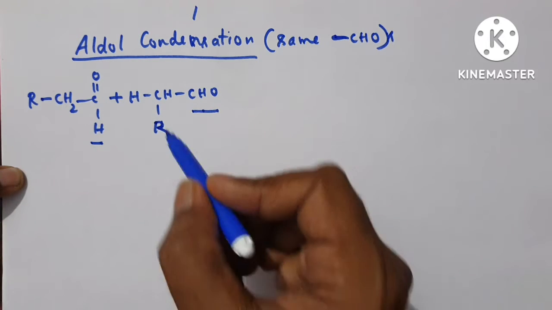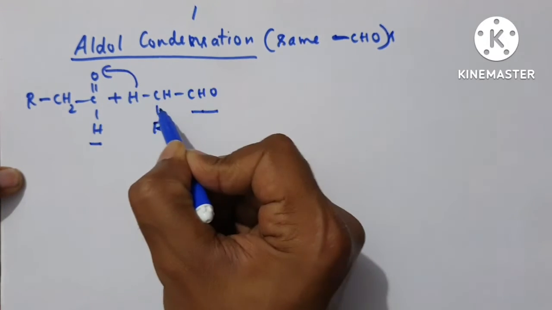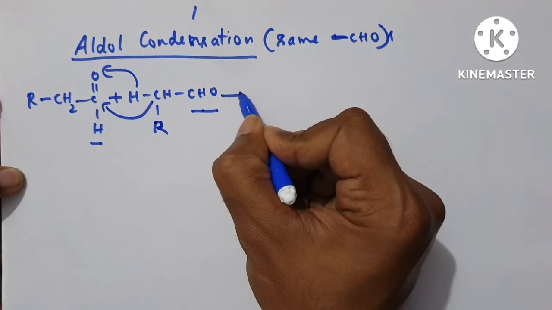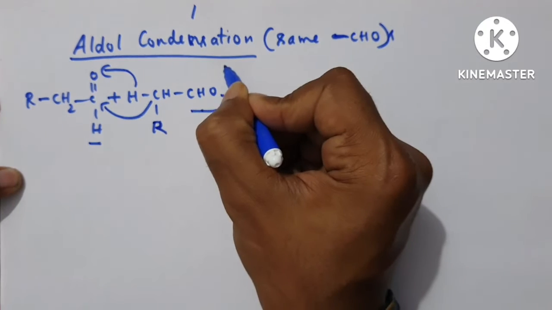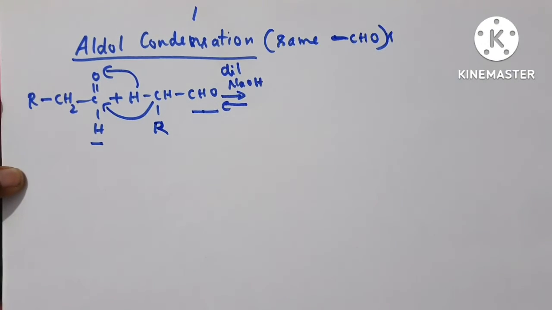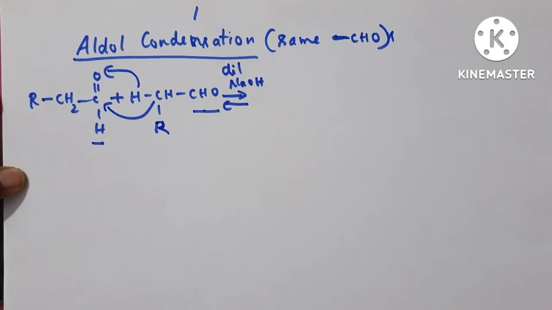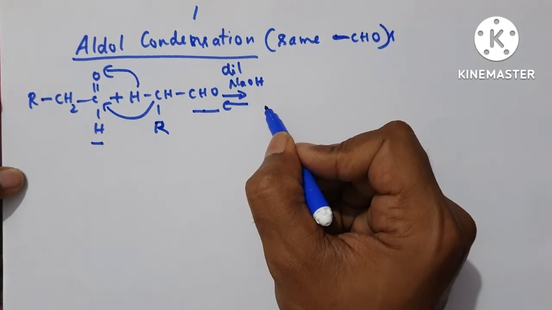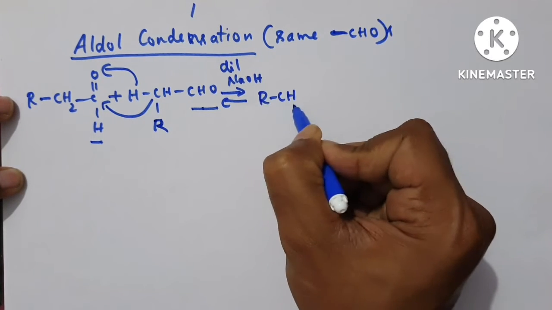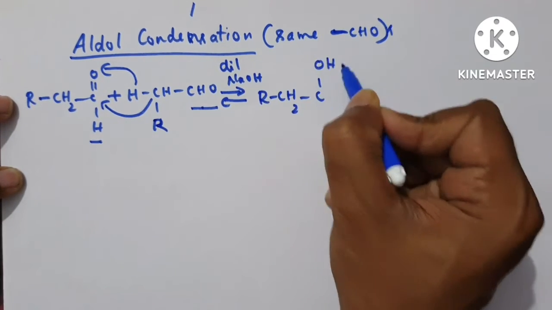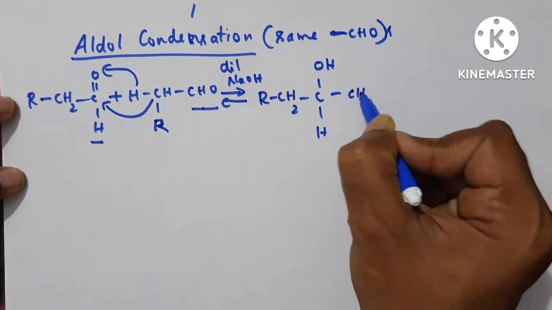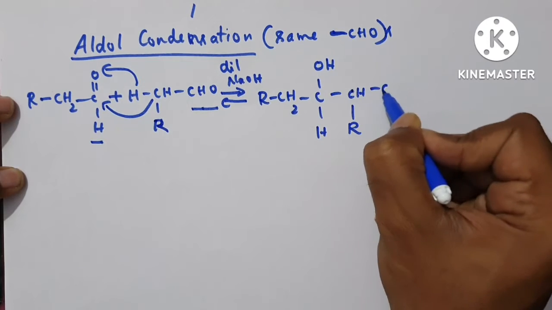In case of self-condensation, this hydrogen will move here and this carbon atom will attach here. And now you can observe here in this reaction, which is going to take place in the presence of dilute NaOH, there is going to be a formation of an intermediate compound, that is RCH2CH(OH)CHRCHO.